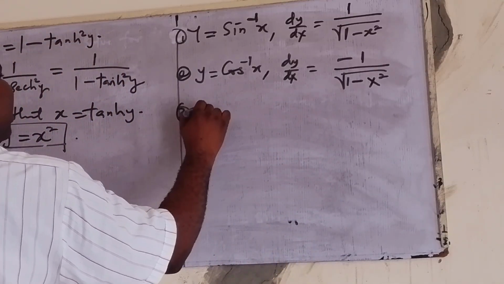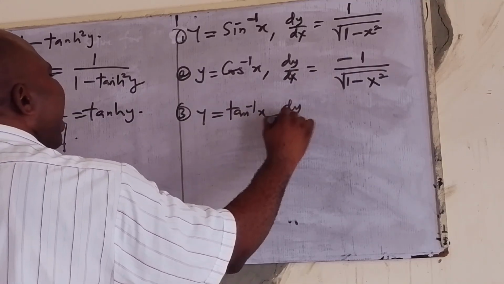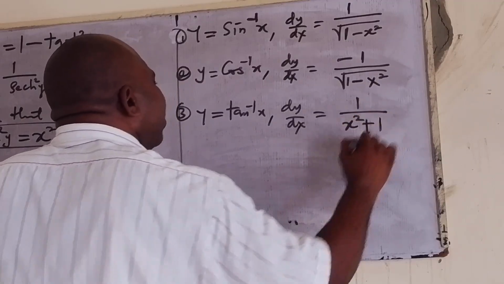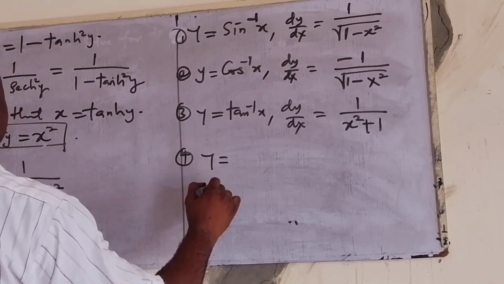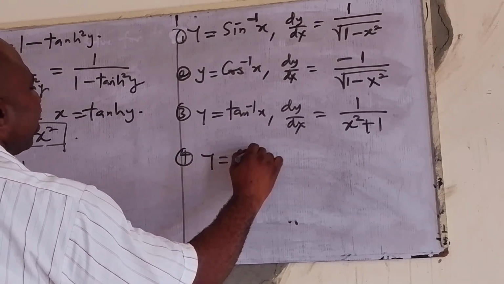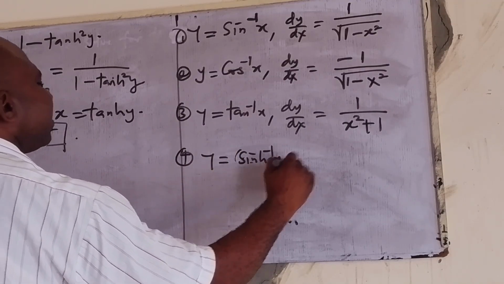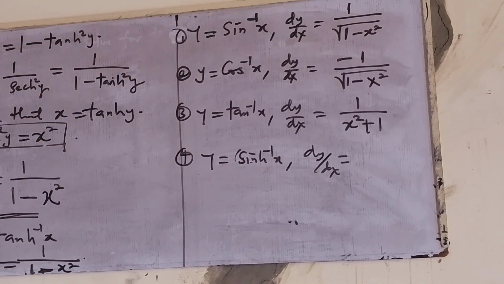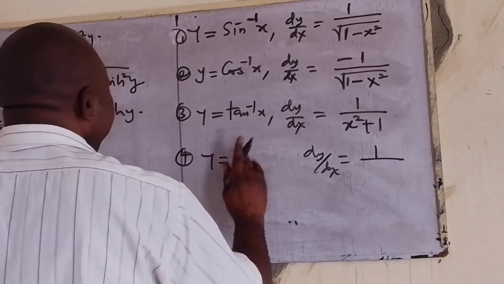Then number 3, if y is equal to tan inverse of x, dy over dx will be equal to 1 all over x squared plus 1, or 1 plus x squared. Number 4, if y is equal to sine h inverse of x, let's look at cos h inverse first.